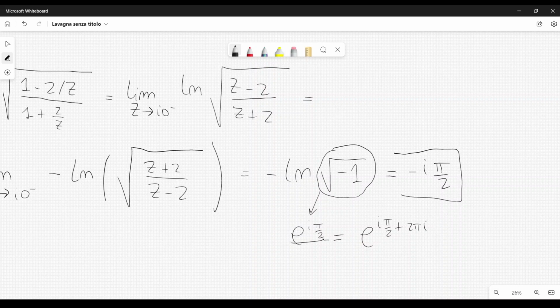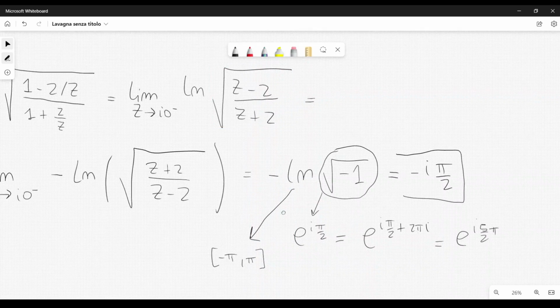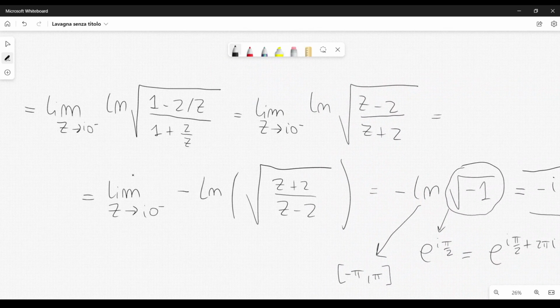This is still equal to this, but this is e to the I 5 over 2 pi. And if you take the log of e to the I 5 over 2 pi, you will get I 5 over 2 pi, right? This kind of ambiguity can be eliminated if you define the complex logarithm in the interval minus pi, pi. So this can be eliminated, but it is less clear, for example, why I had to do this step.